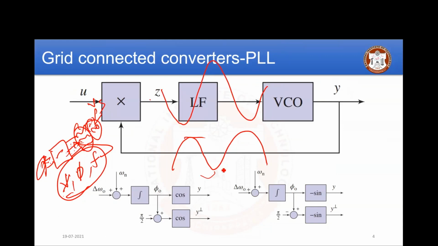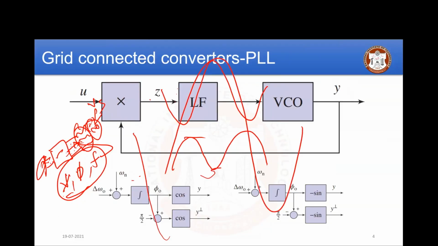Let them have different magnitudes, that is fine. But if you are adding this, the potential difference will become very large. So if you take Vs minus Vt, you'll get a much larger value.